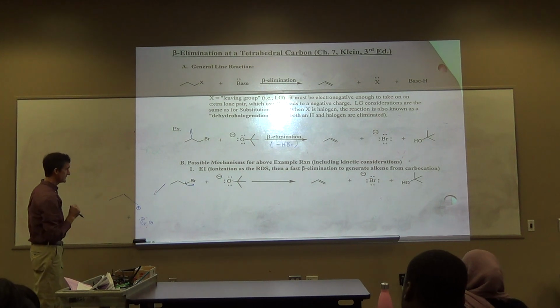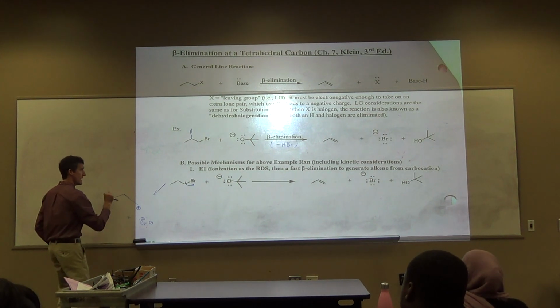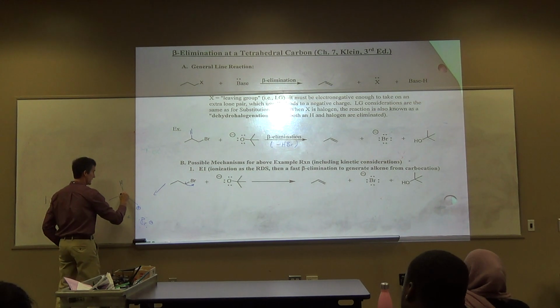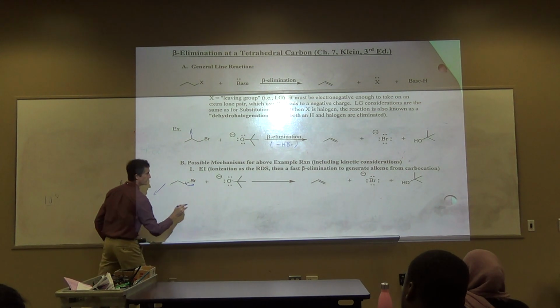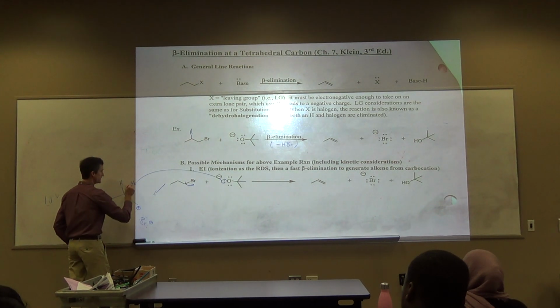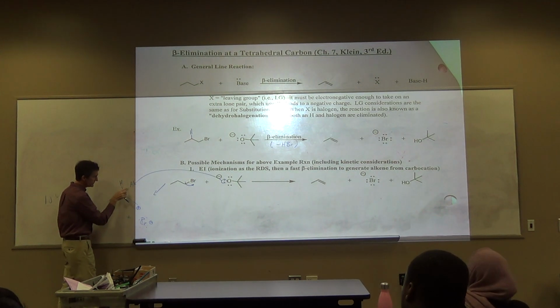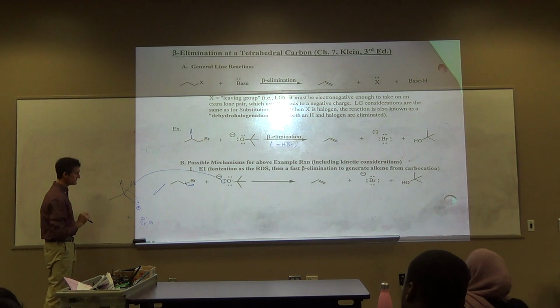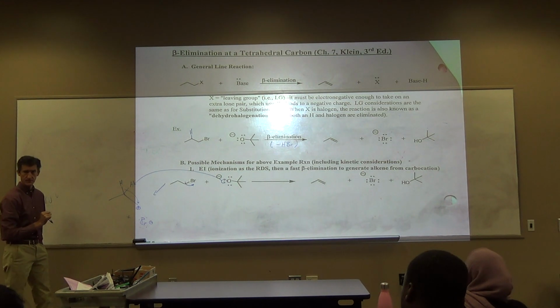What can happen next? This thing, what do we have to do? We've got to remove the beta hydrogen. At this point, this can act as a base, come in and take the H, and then these two electrons can just fall in and make the pi bond. That's what these arrows mean here.